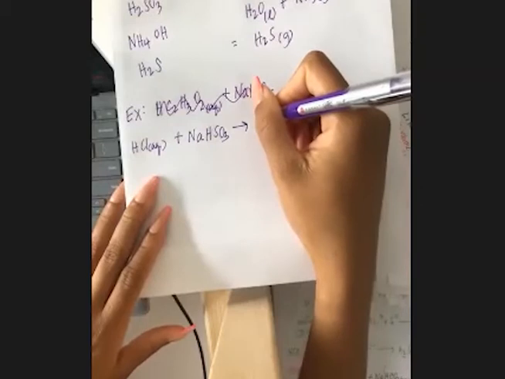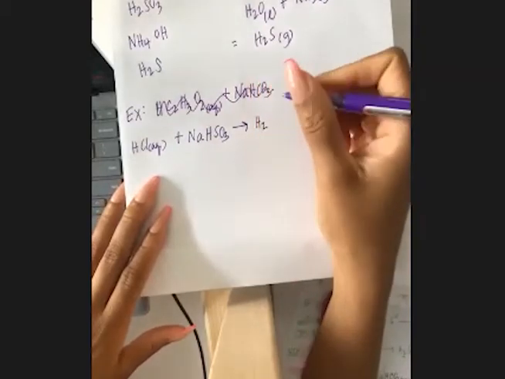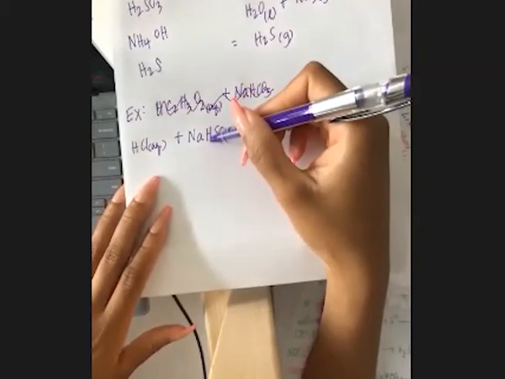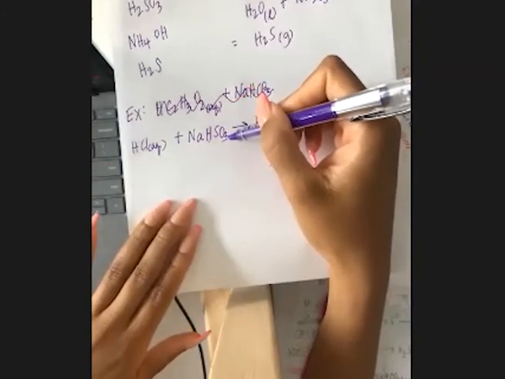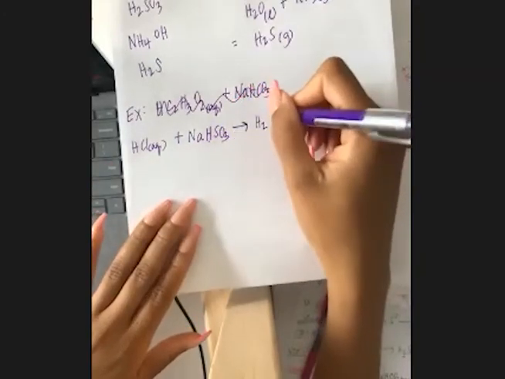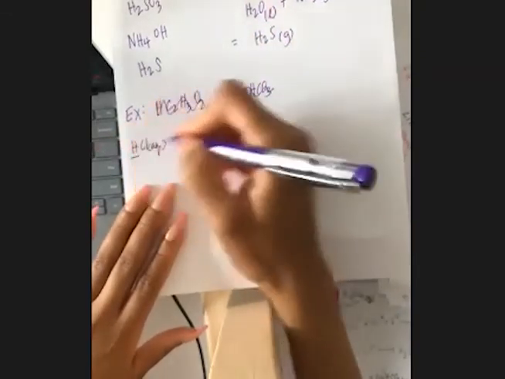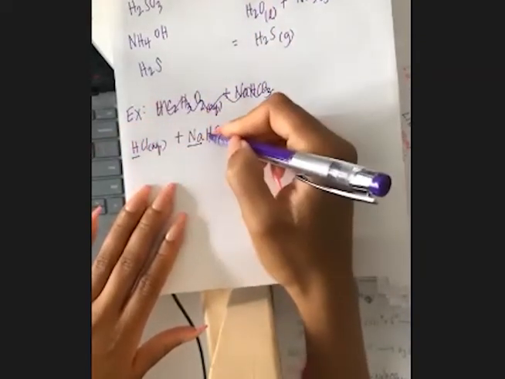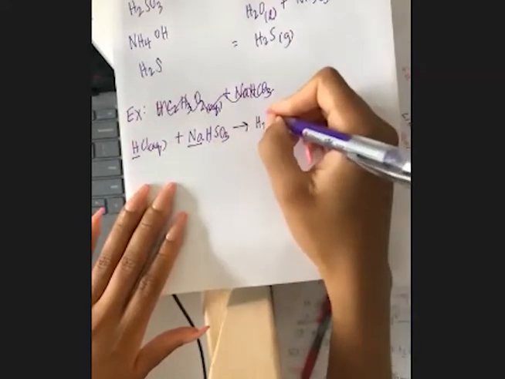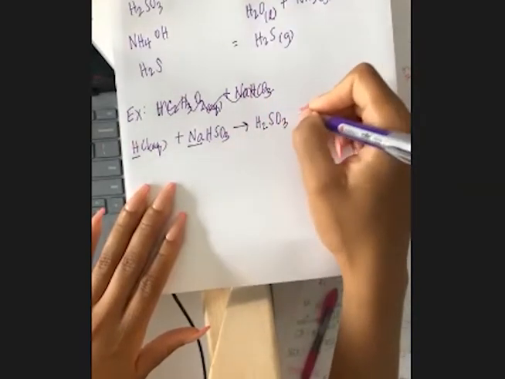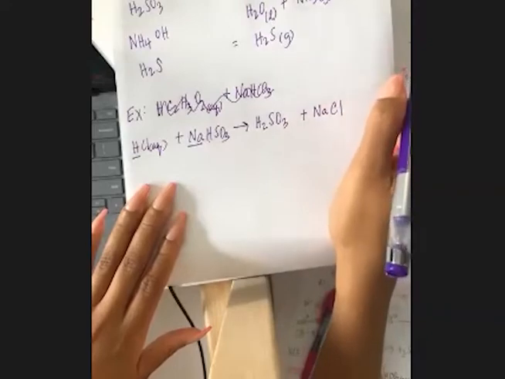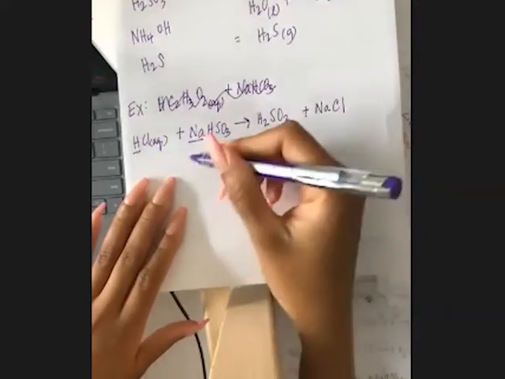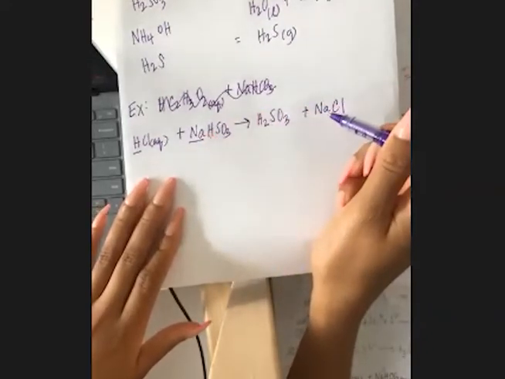H2SO3. Yes, that one. We're switching this one and this one, so we put the H over here, and we end up saying H2SO3 plus sodium chloride. Yes, exactly. Does everyone at least see how I got these two products?